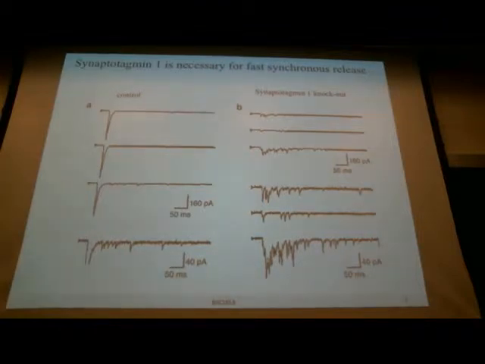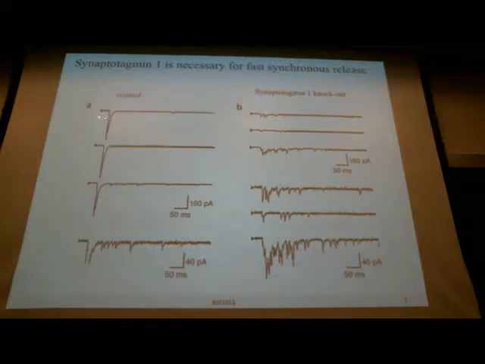They isolated synaptic vesicles and isolated synapses, identified the proteins, cloned them, did expression studies, and so on. In this particular example, they cloned it and then created a knockout mouse. So they had this candidate protein, and when you knock it out of the mouse, it turns out that you get rid of fast synchronous release.